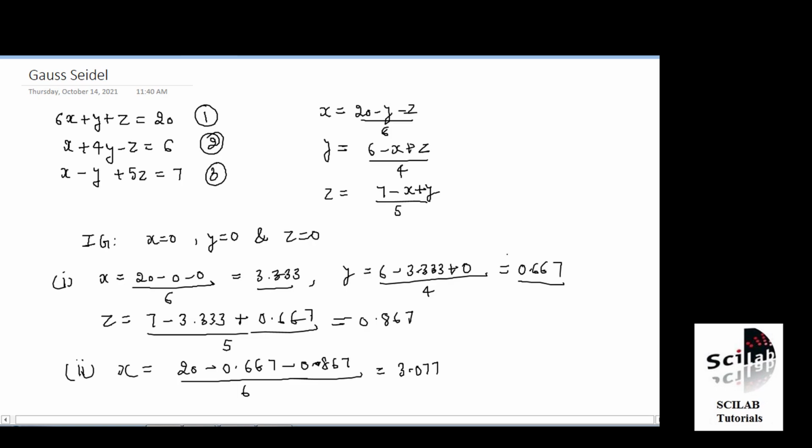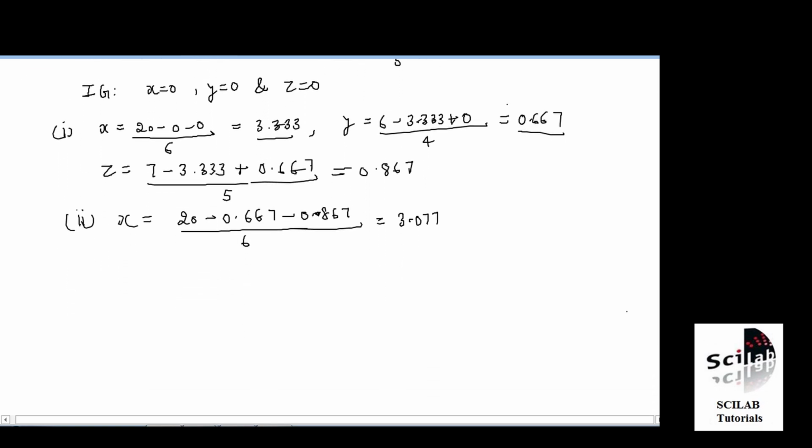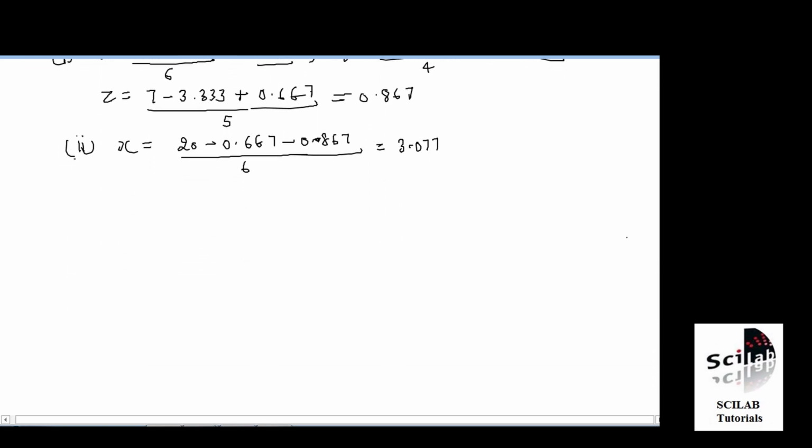So how will we set our accuracy? The condition for accuracy is |x(i+1) - x(i)| less than accuracy, where i+1 is the current value and i is the previous value. This is the condition for x.